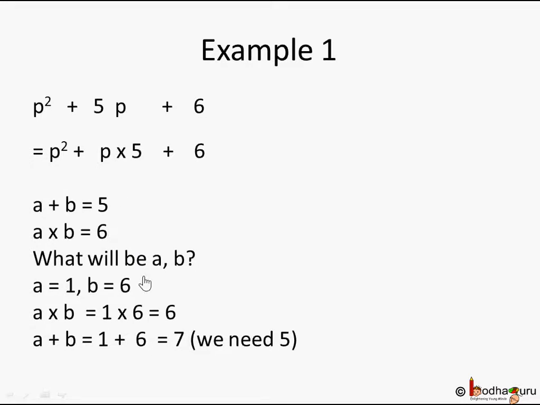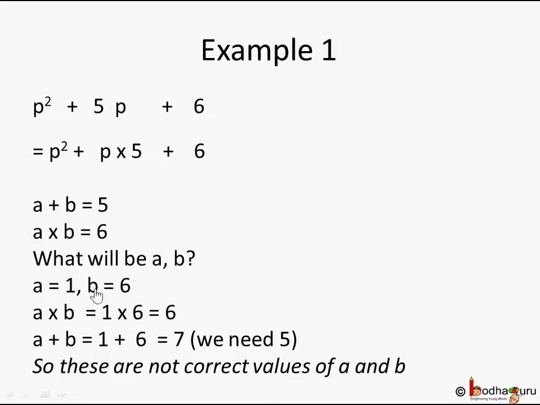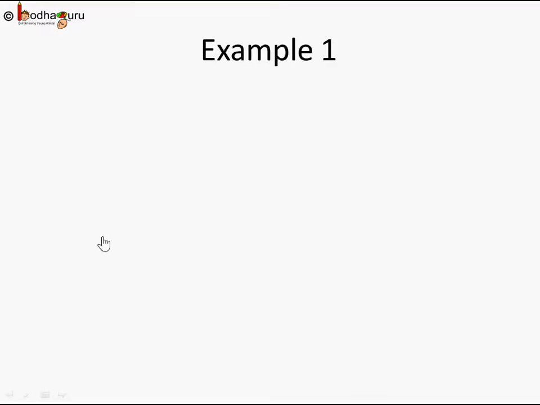So this means a as 1 and b as 6 is not the correct value. If you take 6 and 1 also, you are going to get the same thing. 6 into 1 is 6, which is correct. That's what we expect. But 6 + 1 will be 7, whereas we want 5. So 1 and 6 are not the correct values of a and b. What are the other factors of 6? 2 and 3, right? Let's try that.